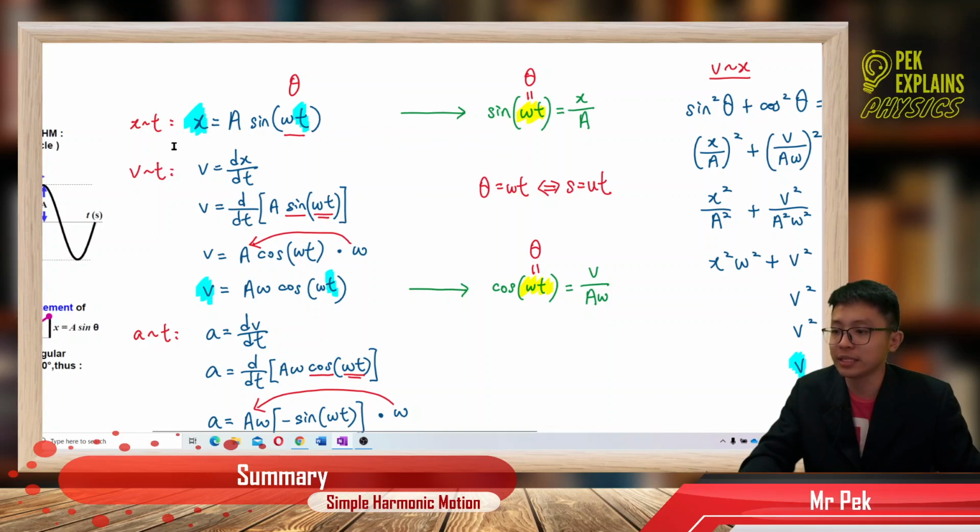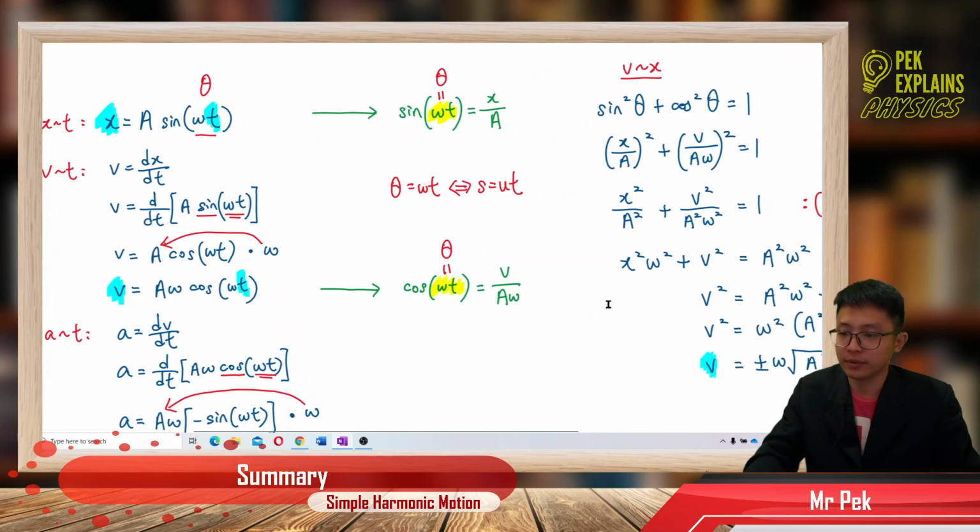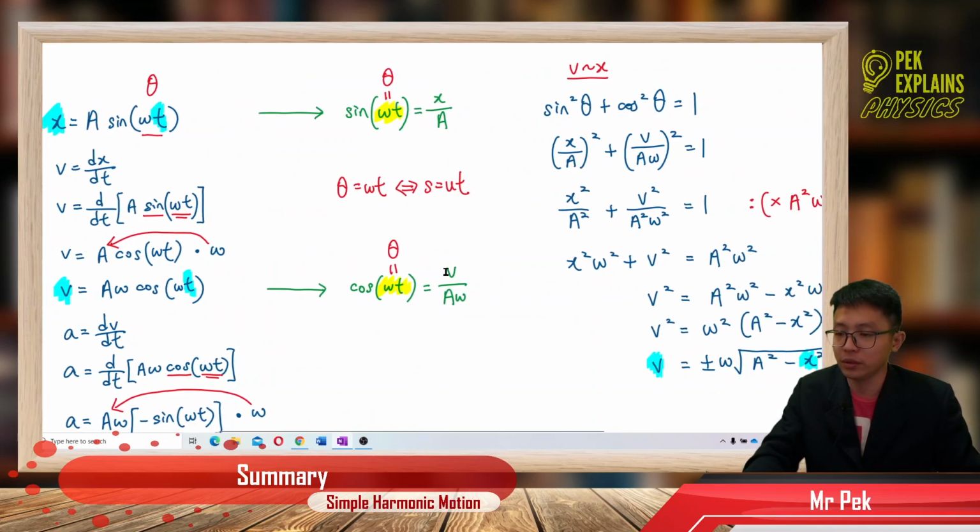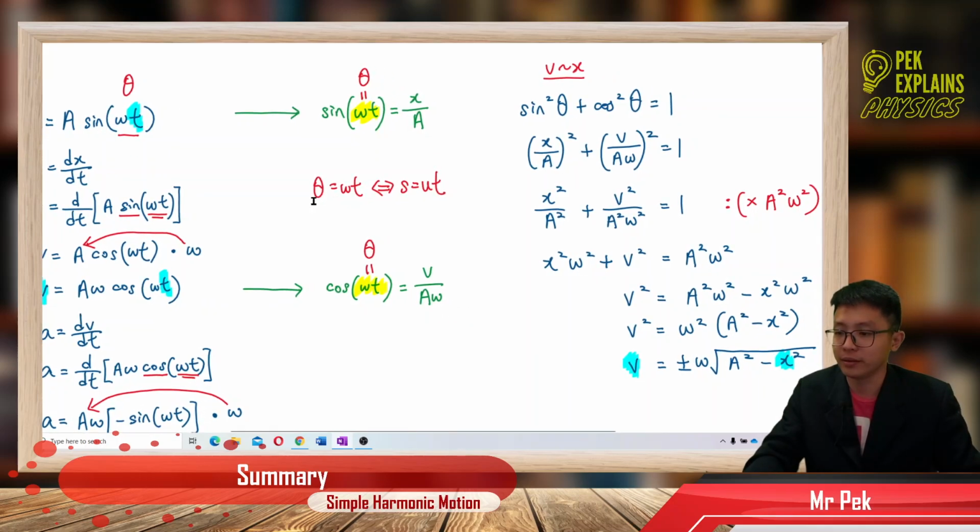That means this a just goes below x, x over a. Also, we use the velocity time formula: v equal to a omega cos omega t. This a omega goes below, so cos omega t equals v over a omega. Theta is omega t, same thing.